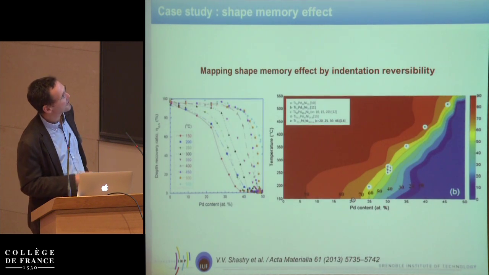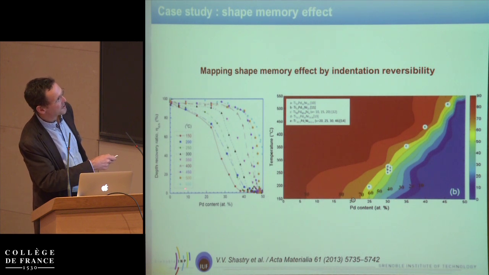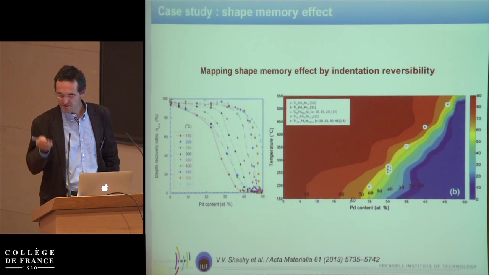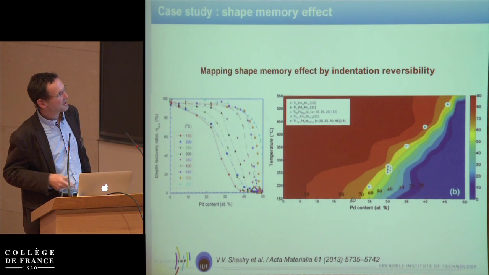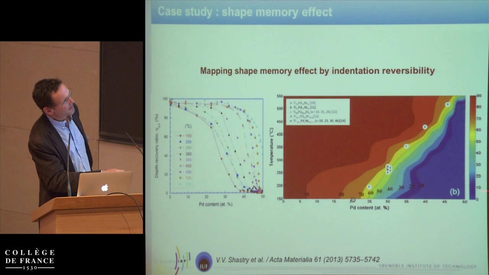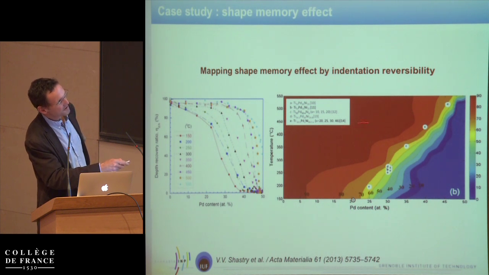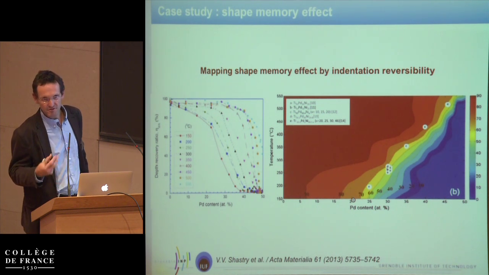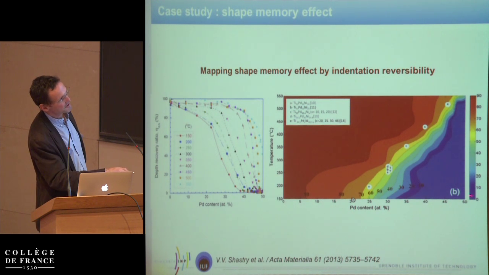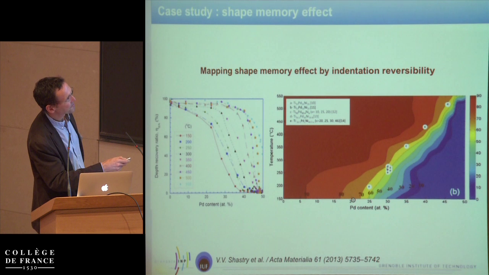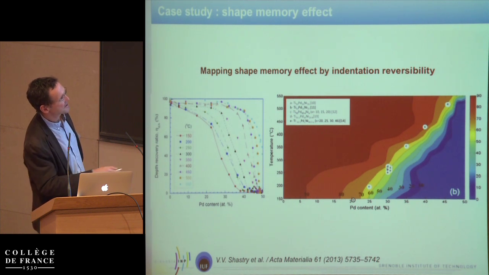Here, they did this reversibility as a function of the temperature of heat treatment to see at what temperature you get the shape memory effect. And then you can get a map of reversibility, so of the property you look at, which is shape memory effect, as a function of the palladium content and as a function of temperature here on the y-axis.